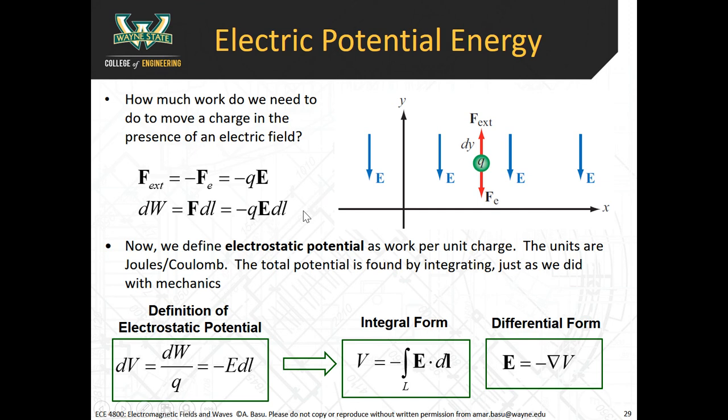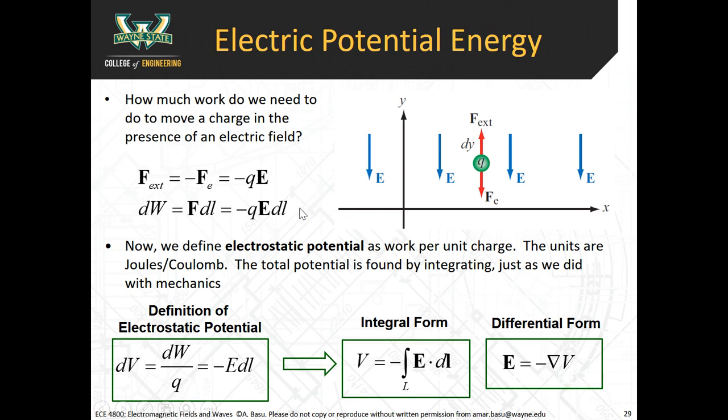In the mechanical domain, the force is equal to m times a, mass times acceleration. In the electrical domain, this force is equal to Q, the amount of charge, times the magnitude of the electric field. The amount of work that we did, if we moved this charge Q, we grabbed it and we moved it by an amount equal to dl, the work that's done, dW, is equal to force times dl.